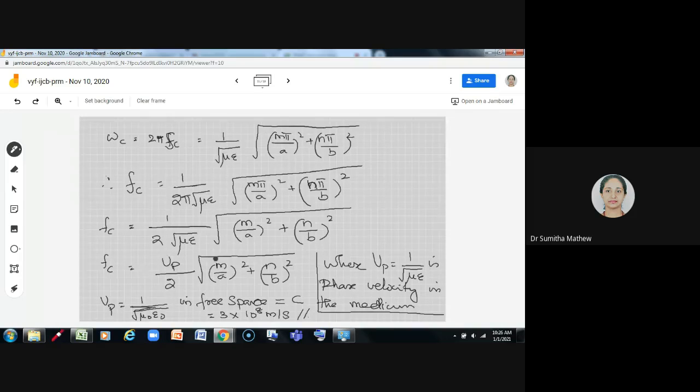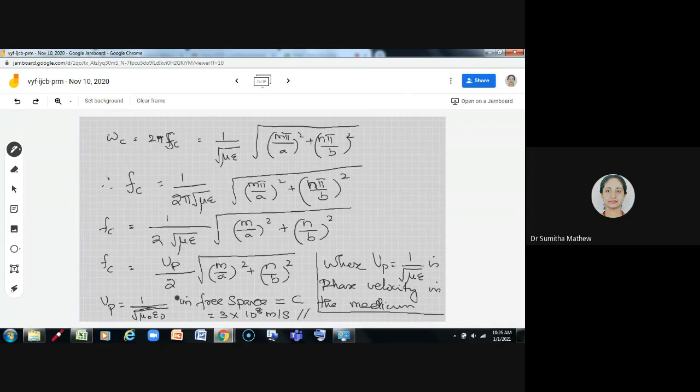Now, 1 by root of mu epsilon is the phase velocity, Vp. So you substitute Vp instead of 1 by root of mu epsilon: fc equals Vp by 2 into root of (m by a) whole square plus (n by b) whole square.